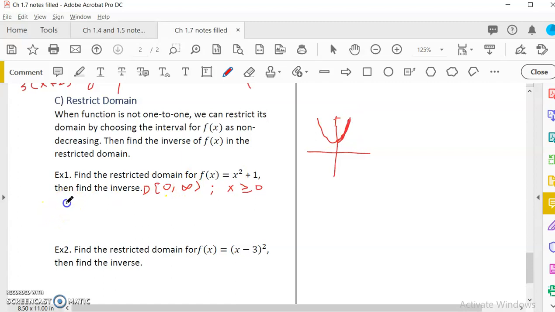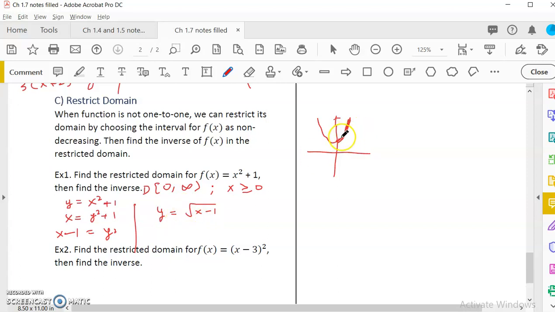The inverse would be: y equal to x squared plus 1. Use the four-step method. x is equal to y squared plus 1. And then x minus 1 equal to y squared. And then y is the square root of x minus 1. Why do I just use the positive instead of positive and negative?